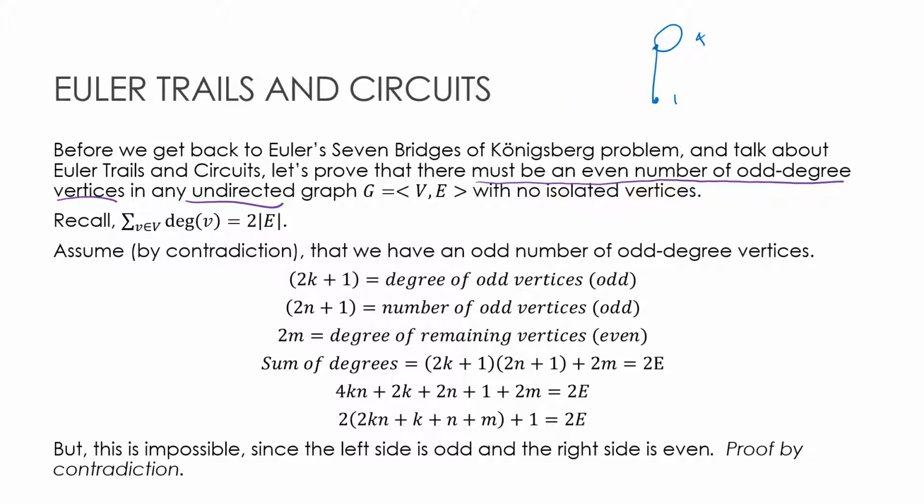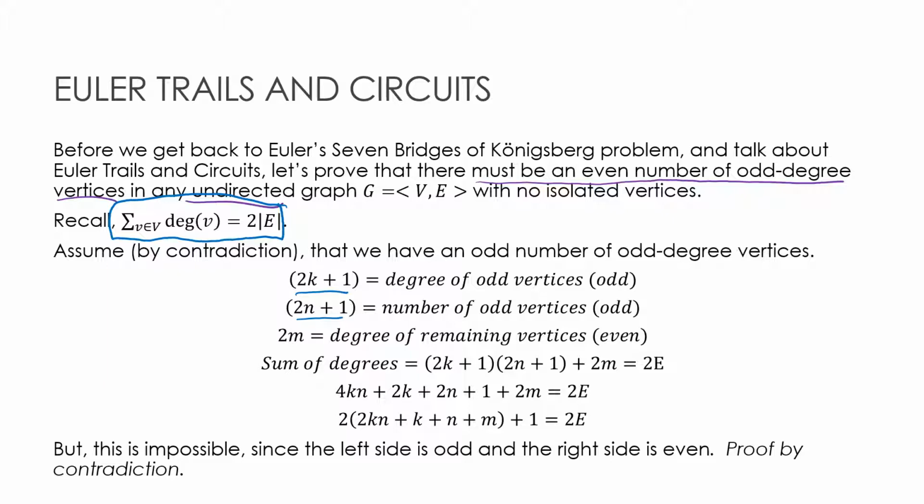So let's take a look at an actual proof, again using what we know. We know that the sum of all of the degrees is equal to 2 times the number of edges. Because we've done this before in other proofs, we know that we represent something that's odd by 2 times some value plus 1, because 2 times that value is even, and adding 1 makes it odd.